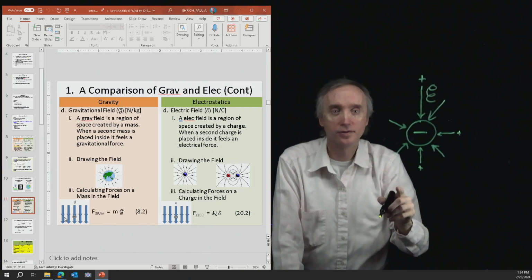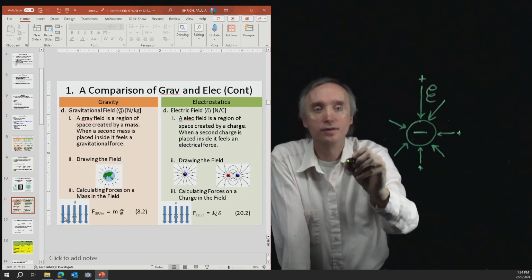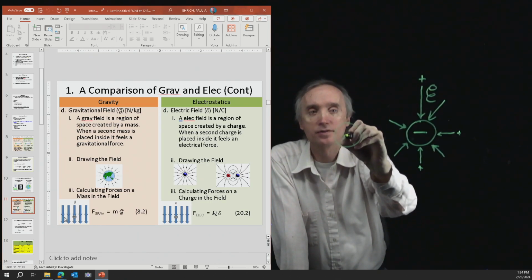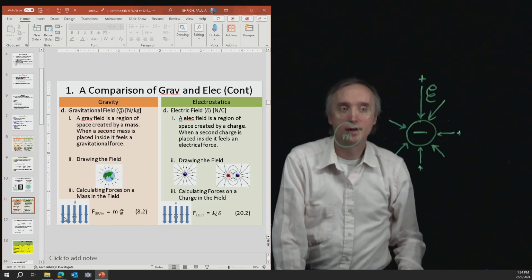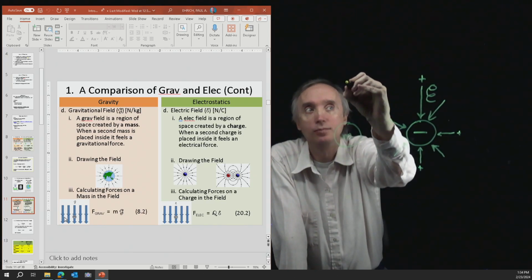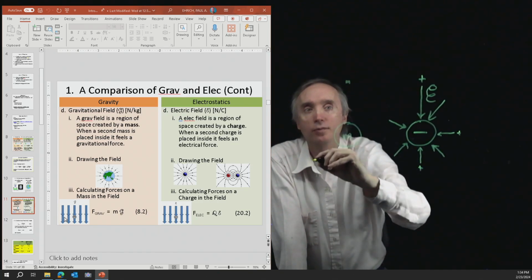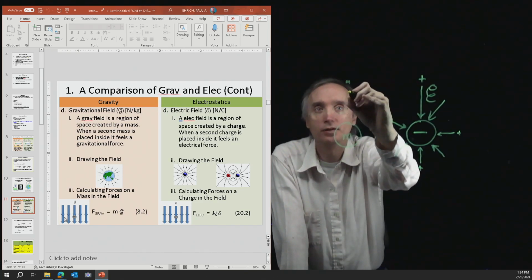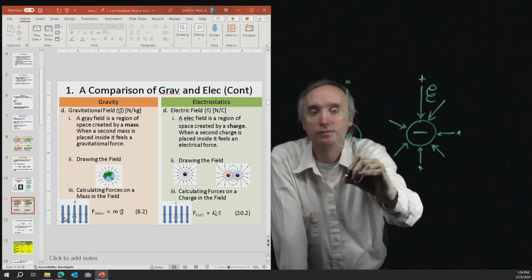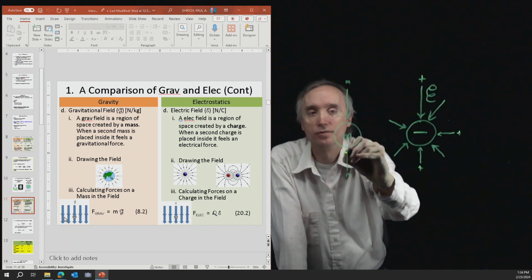Now let's compare this to the Earth. In this case, this will be the Earth over here that has a certain mass. Now we're going to take a teeny tiny little mass up here and drop it. It's going to be attracted to the Earth, and then we could drop it from here and it would do that.